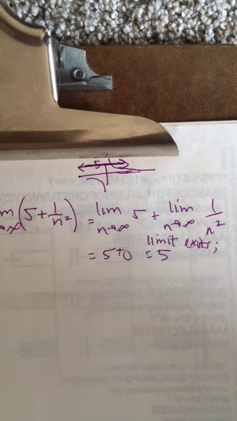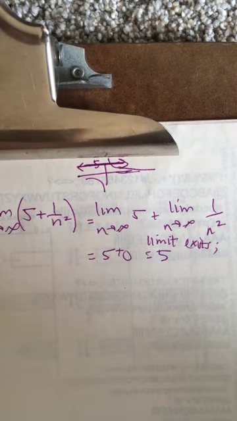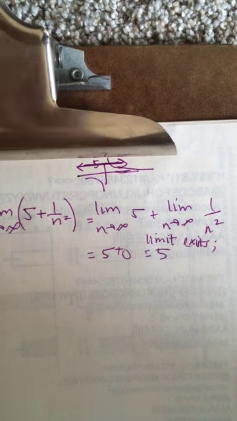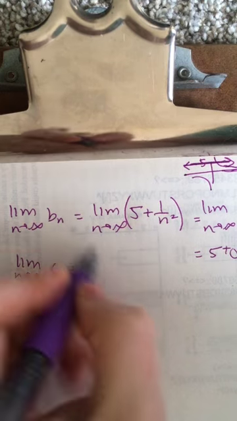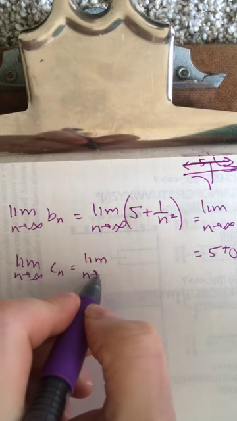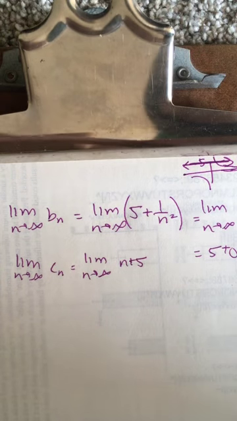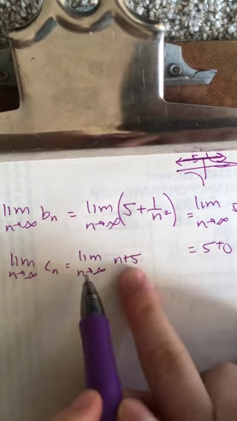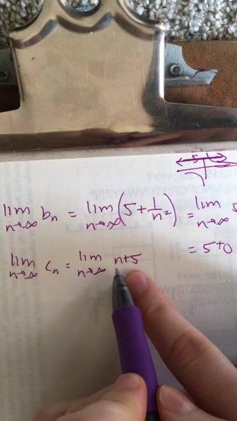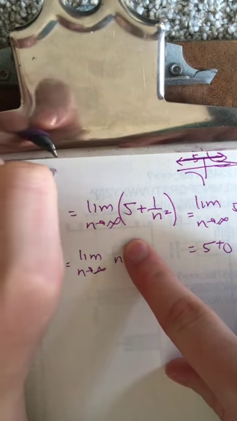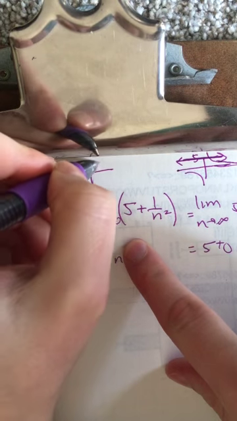Okay, part B then wants to know, does the limit as n goes to infinity of c sub n exist? So limit as n goes to infinity of n plus 5. Now we don't have to split it up, we can also think about this. If I had split this up into the limit as n goes to infinity of n, okay, so that's y equals n, that's that line.